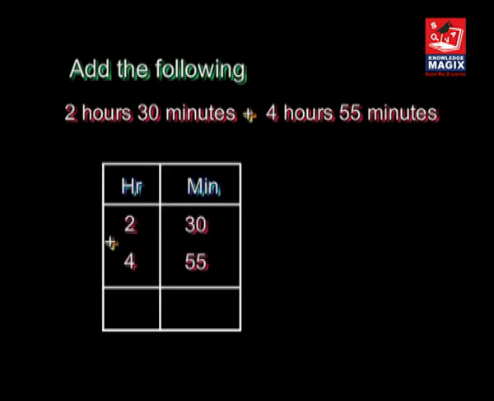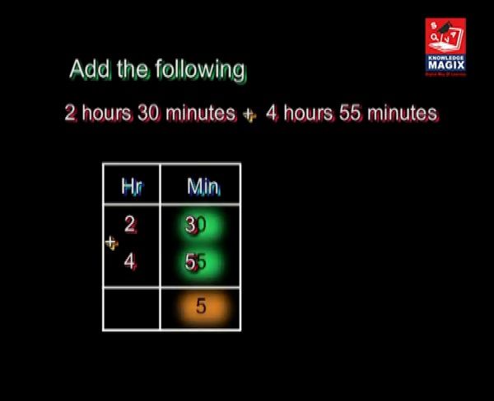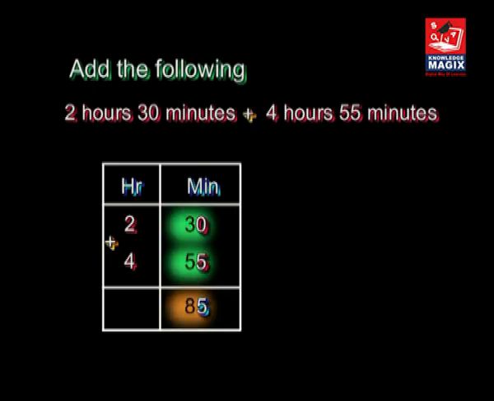Next, add the following. 2 hours 30 minutes plus 4 hours 55 minutes. First we'll make the columns of hours and minutes. First we'll make the addition of minutes. 0 plus 5, 5. 3 plus 5, 8.